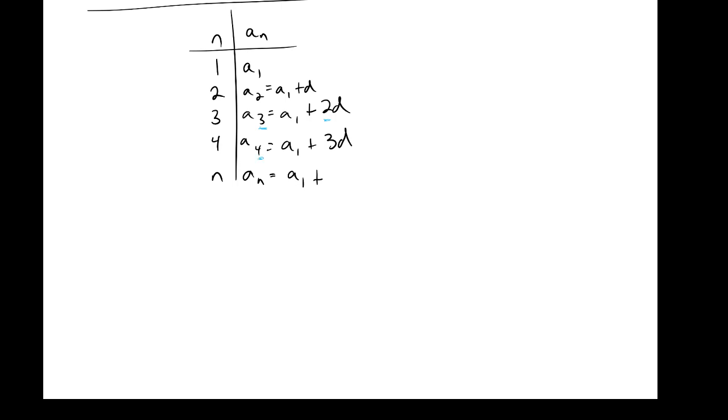When I had a sub 4, I was multiplying by 3. So now I have a sub n, and since 3 is 1 less than 4, and 2 is 1 less than 3, what we need to do is 1 less than n, and we're going to multiply by that common difference. And right here, now we have a formula that we can use as an equation for any given arithmetic sequence.